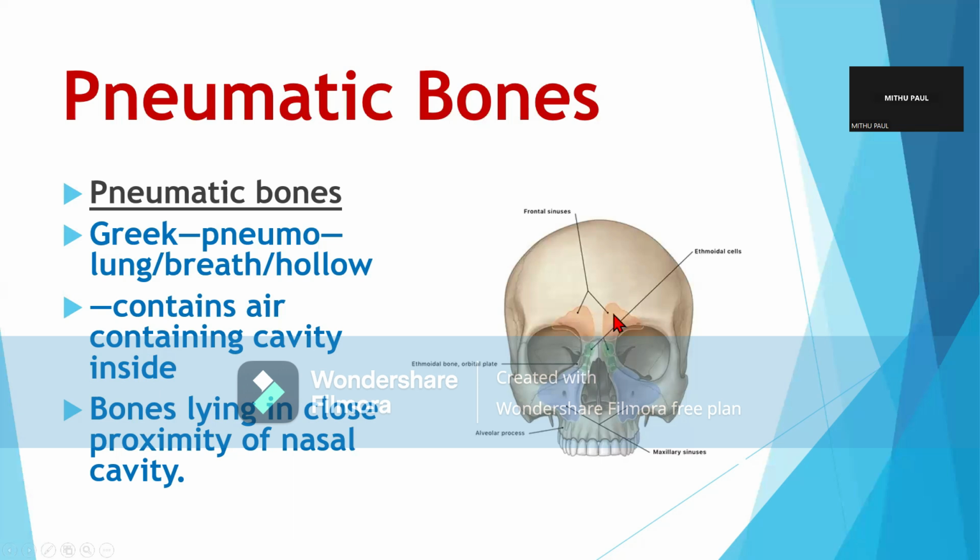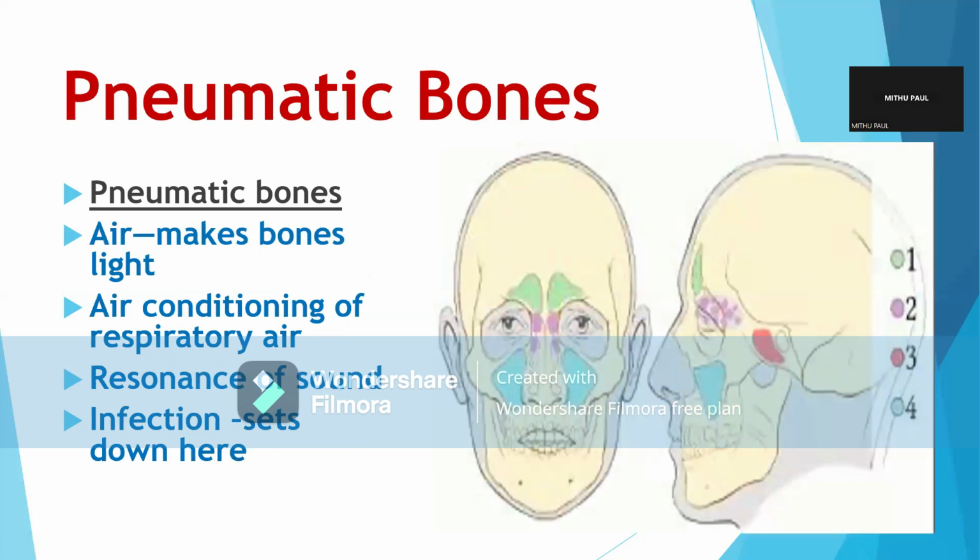All these make the skull lighter because no solid bone is there. Those areas are like puchkas, having air inside. They also help in nasal intonation, and in air conditioning of the respiratory air.